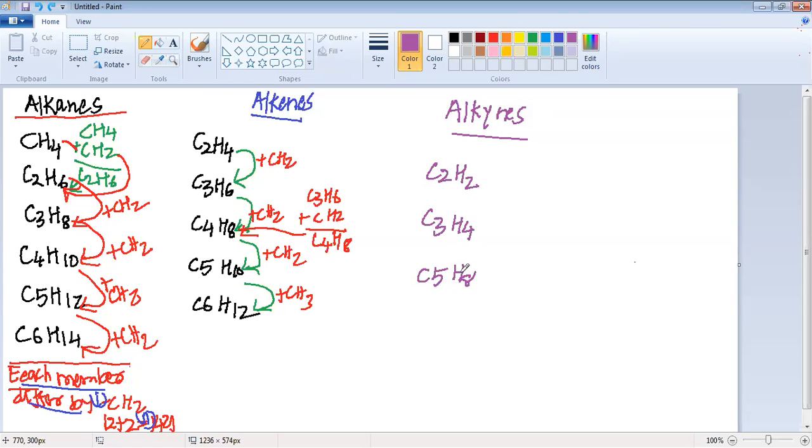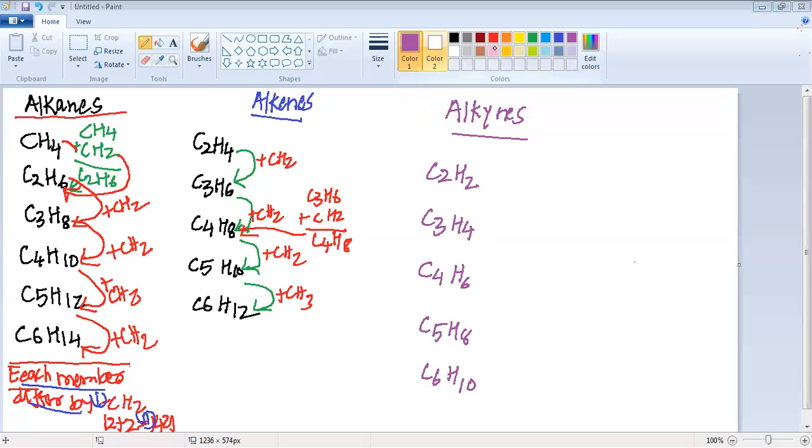It should be C5H6. Then we should be C4H6. I'm so sorry. I feel that I was making mistake. It was C4H6. Then you have C5H8. You can have C6H10.